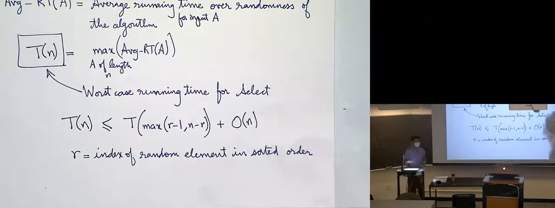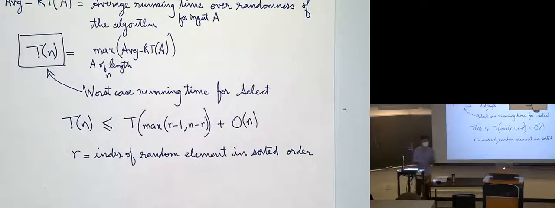Now, how do we solve this recurrence? Because we don't know what R is. But surely we have a distribution on R. We can write this out as an average.